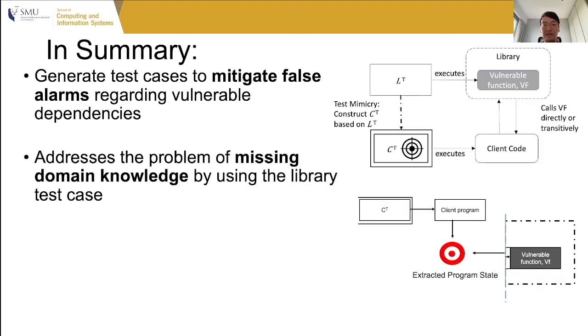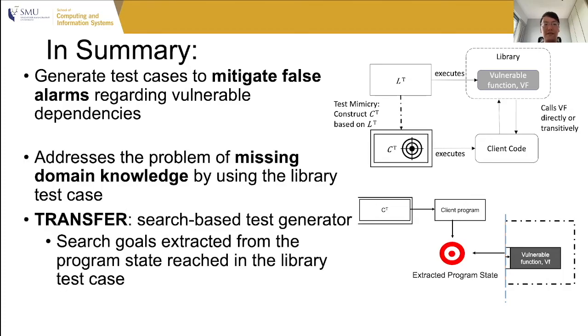Our approach addresses the problem of missing domain knowledge by using the library test case, and the goal is to construct a client test case based on a library test case such that the client program will be executed to reach the same program state that was reached in the library test case. Our approach is implemented in a tool named Transfer, which is a search-based test generator. The search goals are extracted based on the program state that was reached in the library test case.